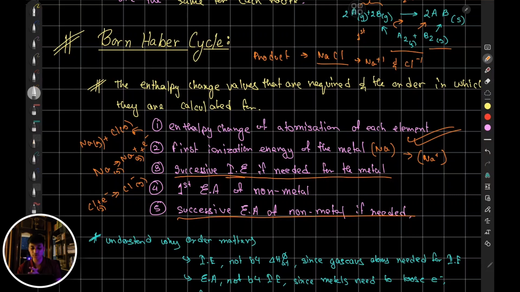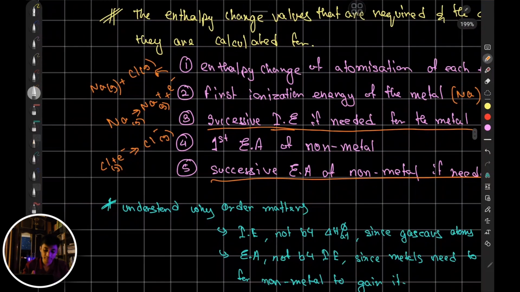So in those cases, you may have more than one enthalpy change for electron affinity. So for O2-, you could have O- plus one more electron turning into O2-. All of these are gas.